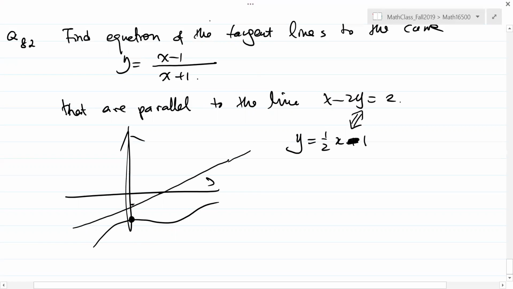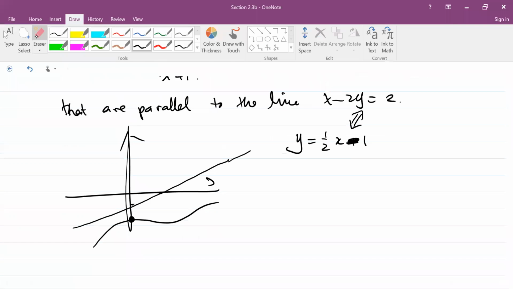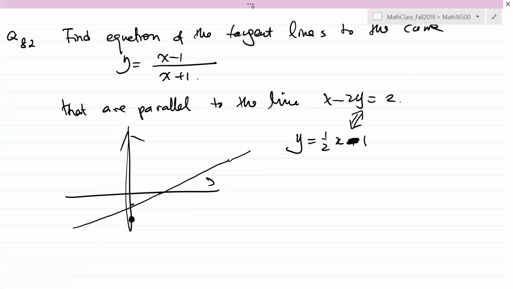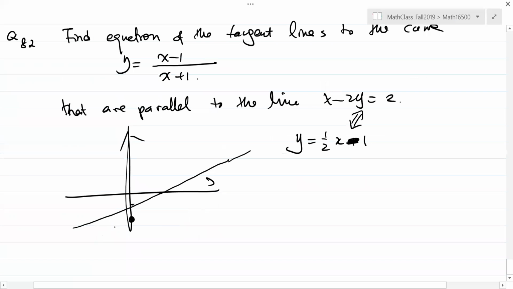Anyway, the graph is not defined when x equals negative 1. And when x equals 1, the graph passes through the point.